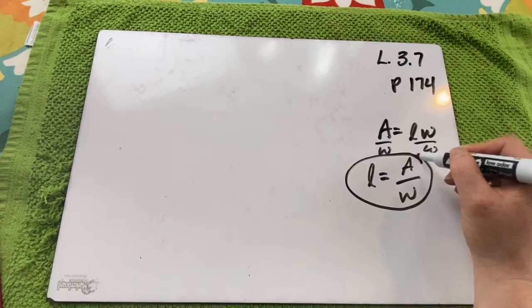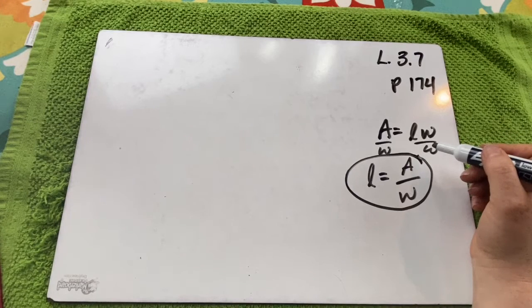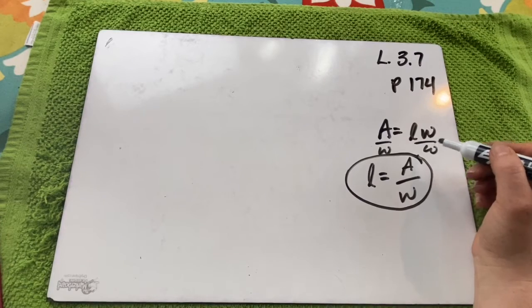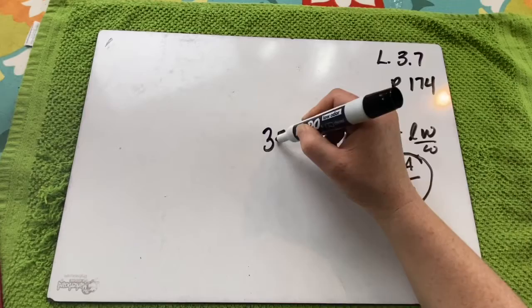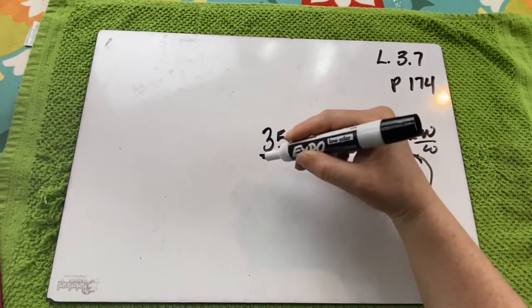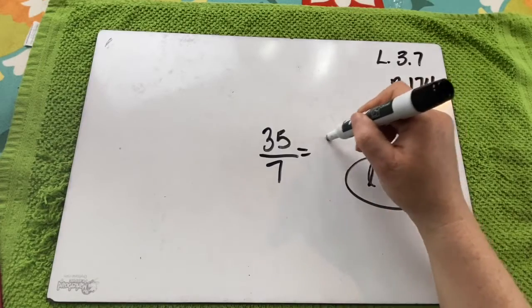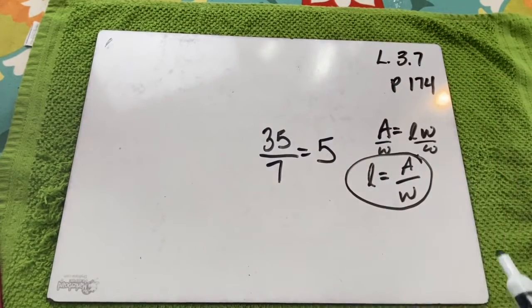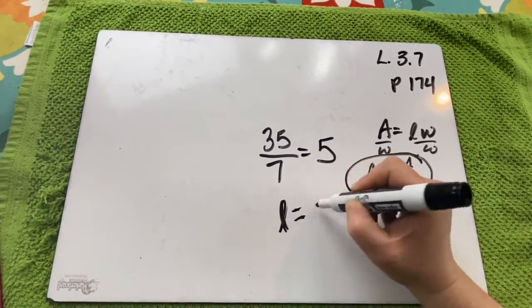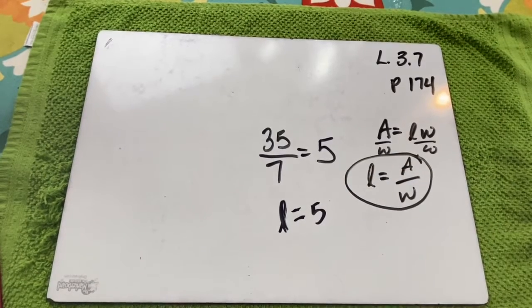That's it for that one. Then it says, use the new formula to find the length that has the area of 35 and the width of 7. So the length is 5.